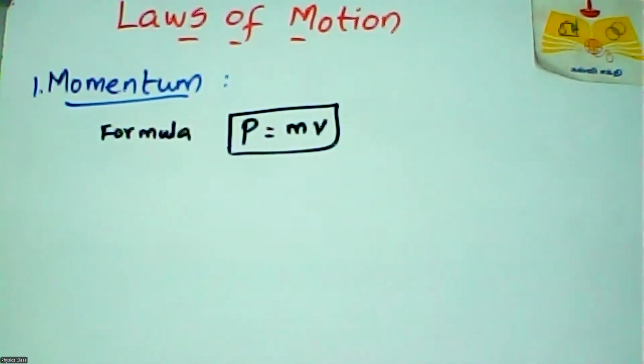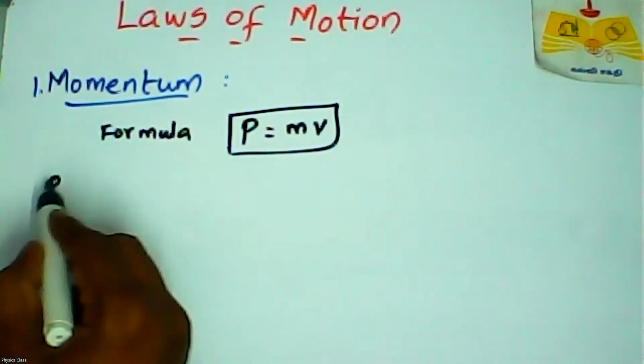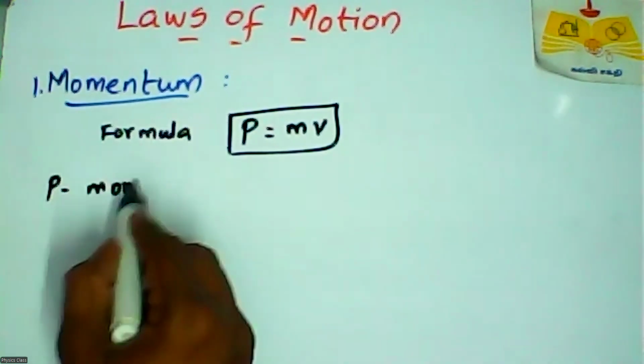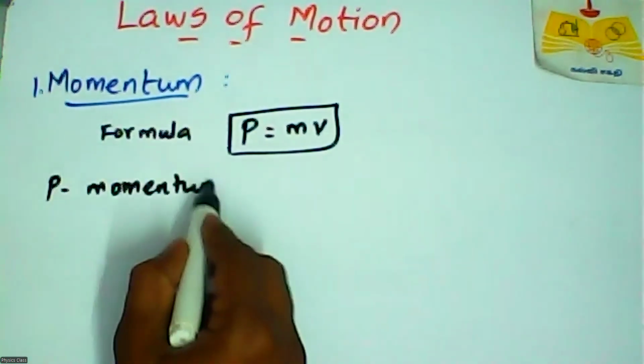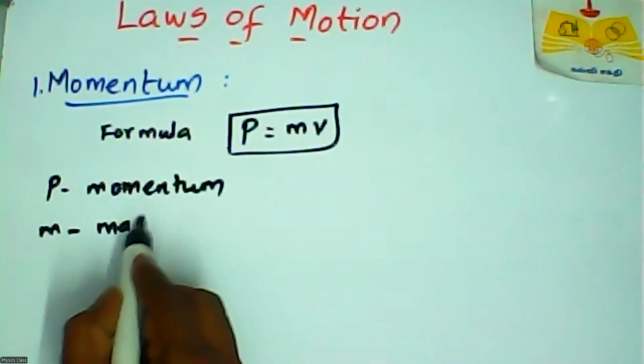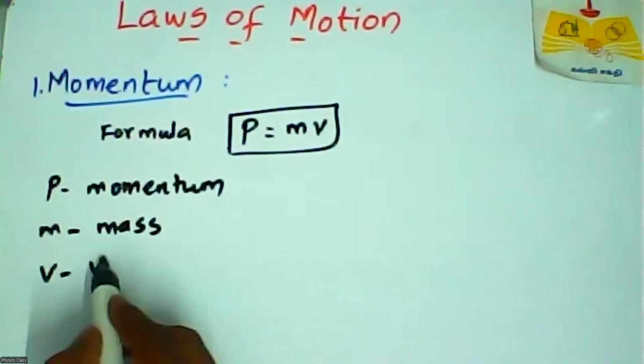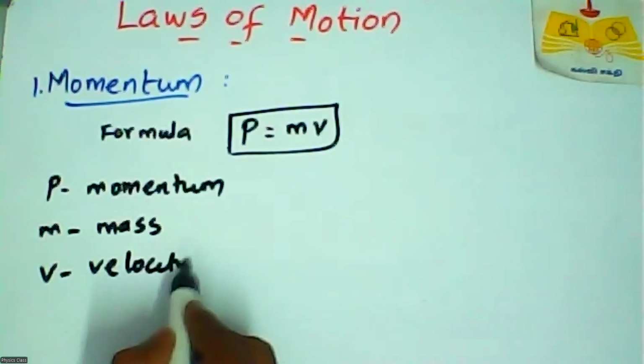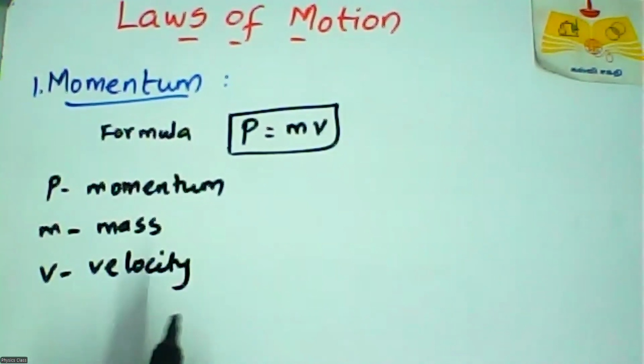Here P is momentum, M is mass, V is velocity. Speed is a scalar quantity, but V is velocity, a vector quantity, because velocity has both magnitude and direction.